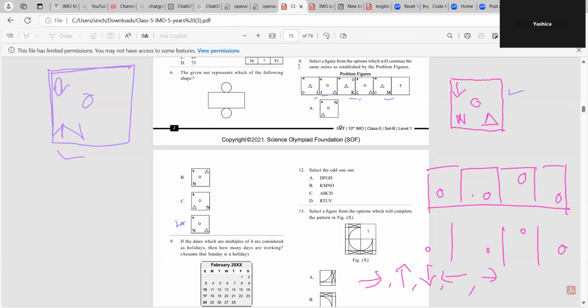If there is a triangle in the middle, the other series will be a circle, and if there is a circle in the middle, then there will be a triangle in the side. So we have the northeast side and the southwest side, the southeast side of where we can put our triangle.